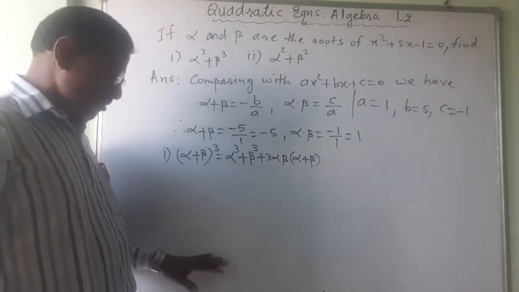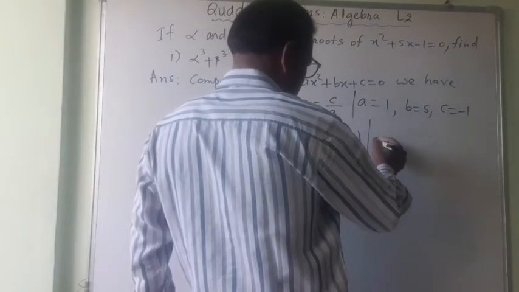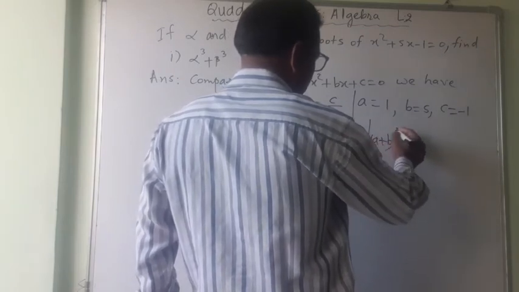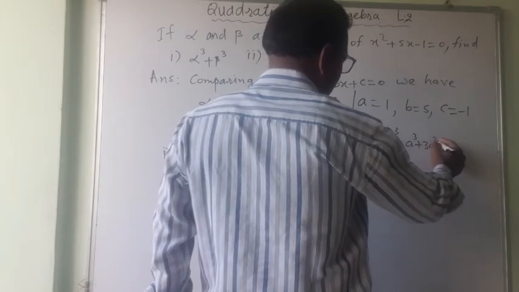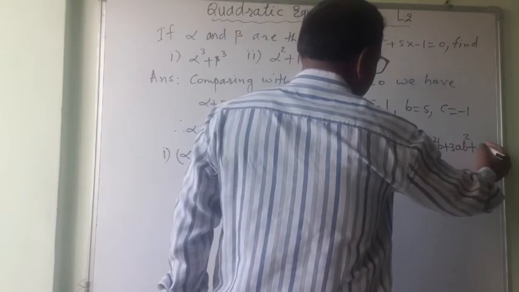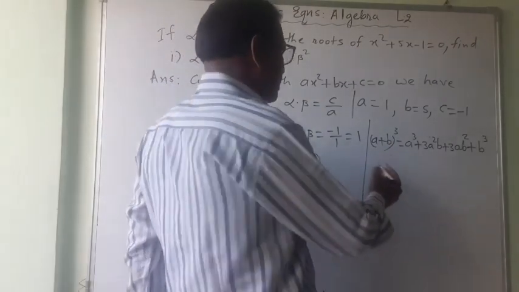From where this formula has come, in standard 8 you have done this formula. A plus b bracket cube is equal to a cube plus 3a square b plus 3ab square plus b cube. This formula you have done. Only some adjustment is done in this.